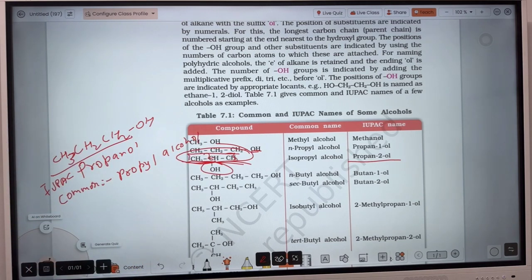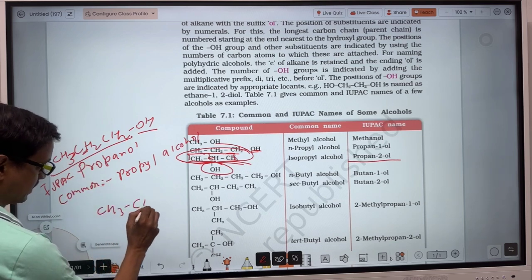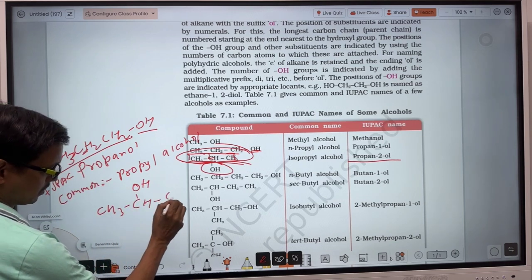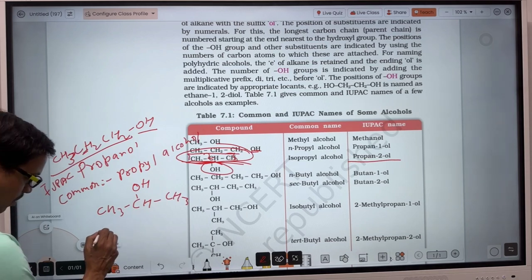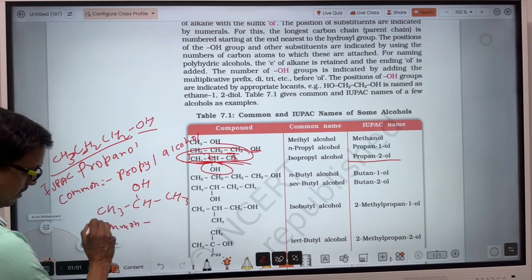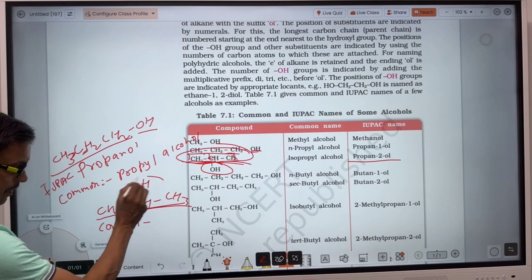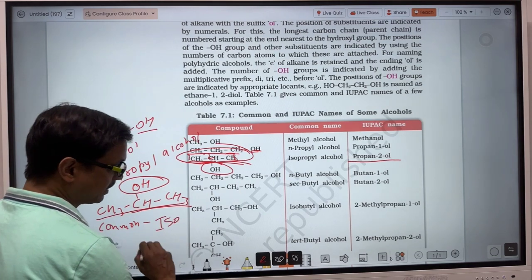But here the OH is bonded to the secondary carbon atom, so the common name is isopropyl, because with the isopropyl group the OH is bonded. That's why it is called isopropyl alcohol.